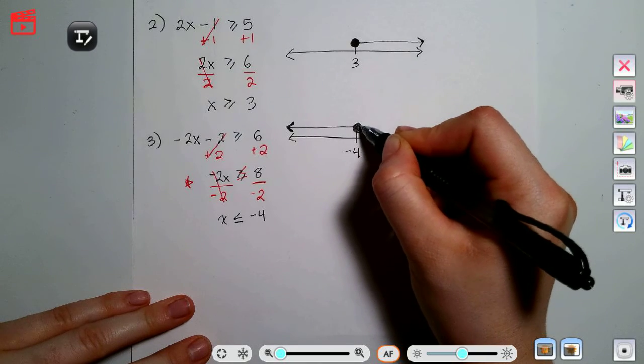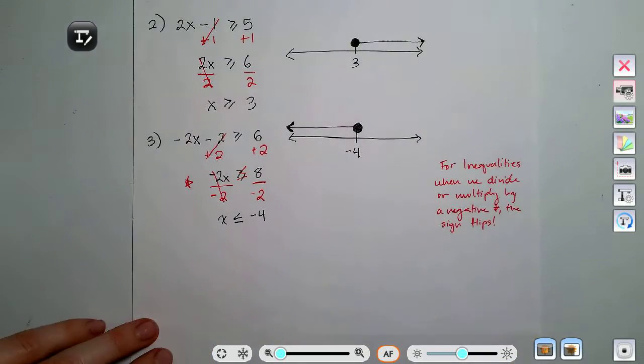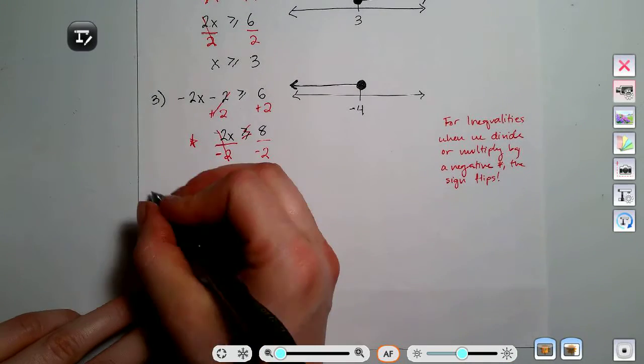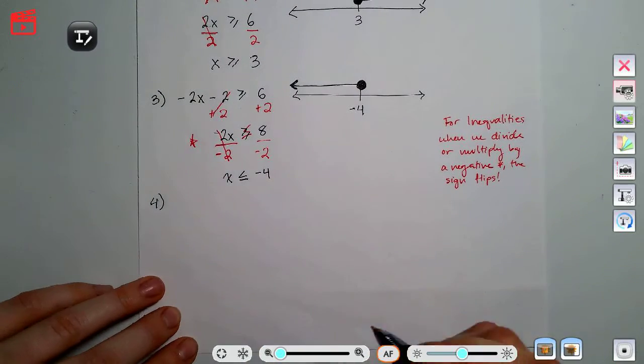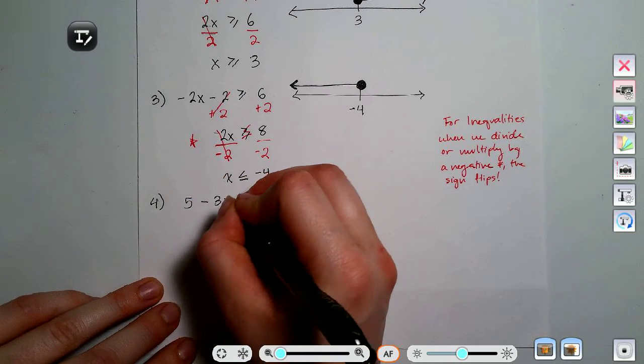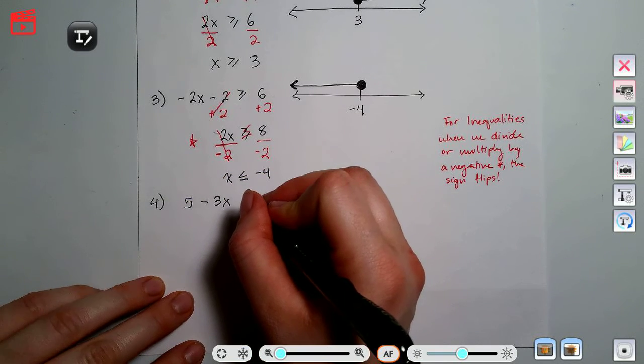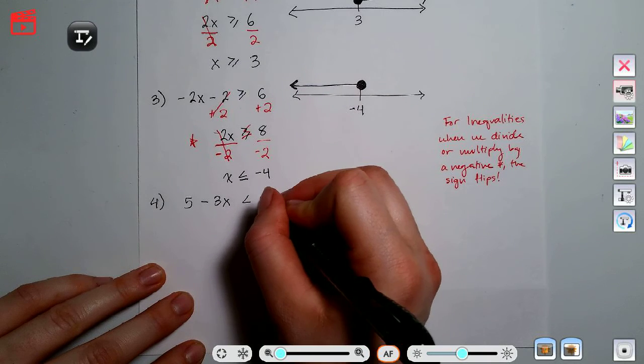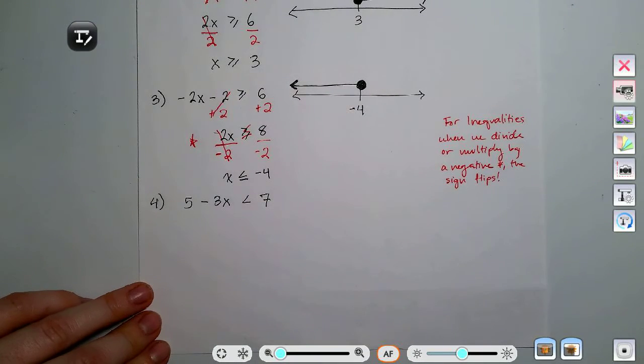All right, we're going to do one more problem for this class activity, and then we're done. Number 4. Okay, so 5 minus 3x is less than 7. Okay, go ahead, pause the video, see if you can solve this.